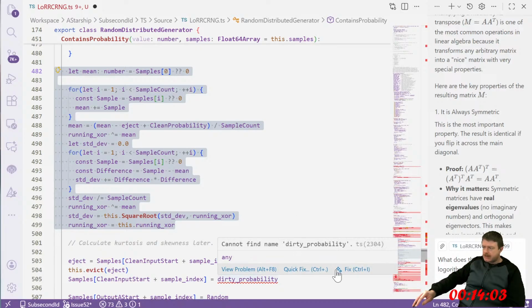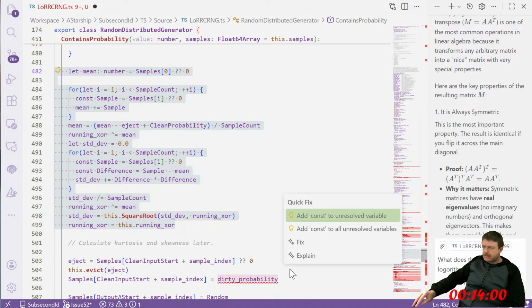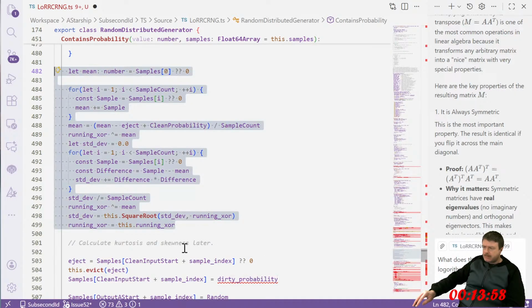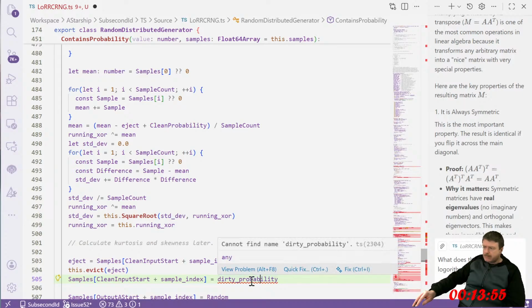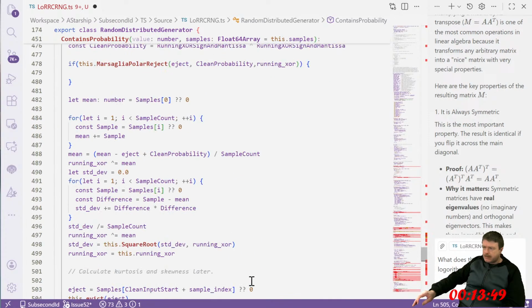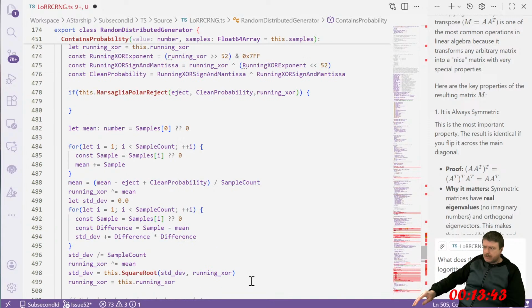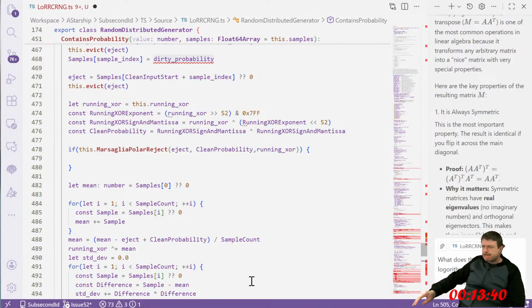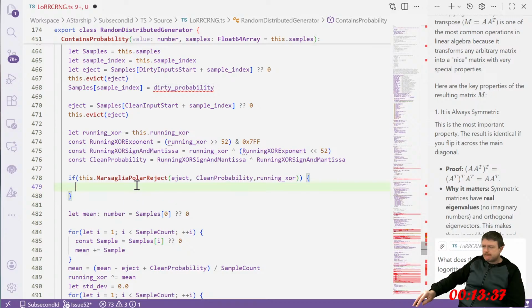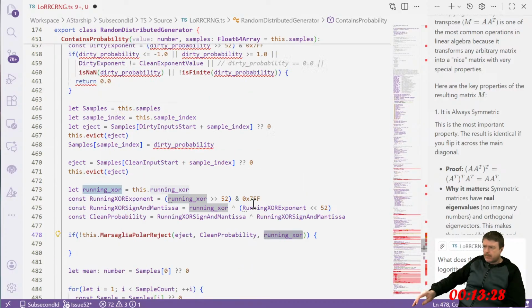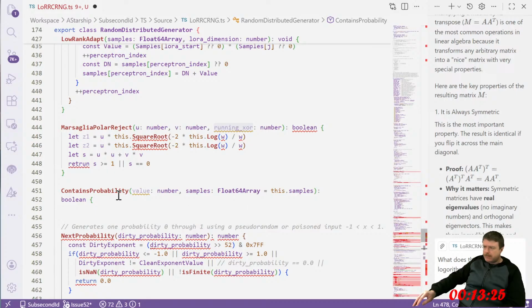Well, I can get statistics on it. Find dirty probability. What do I do? Oh, this is the problem.